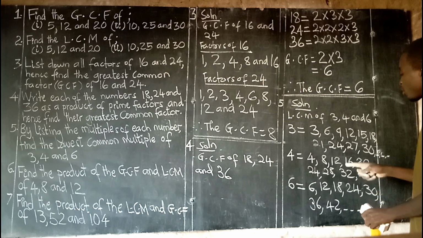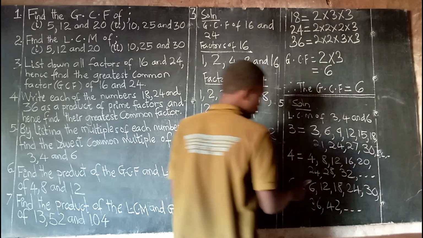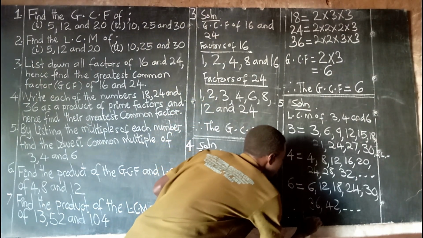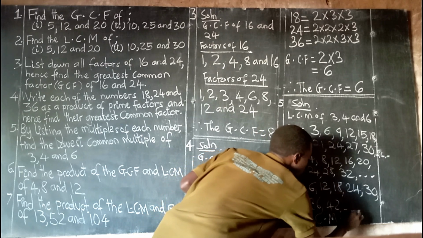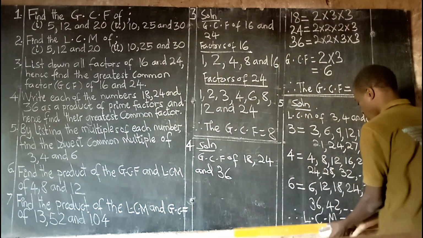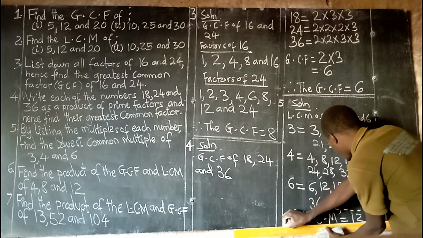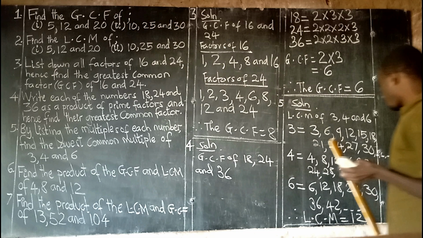So the lowest common multiple will be 12. So the LCM will be equal to 12, as you can see, and this will be the solution for question number 5.